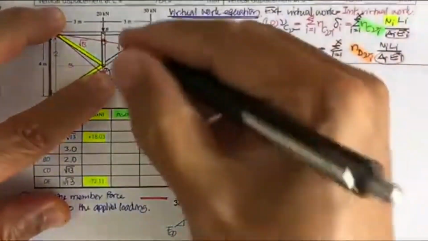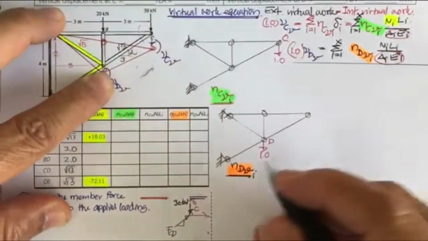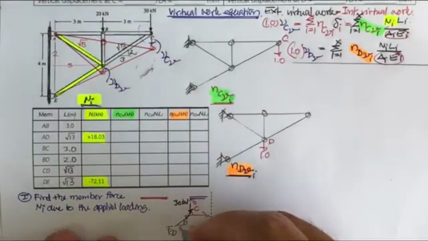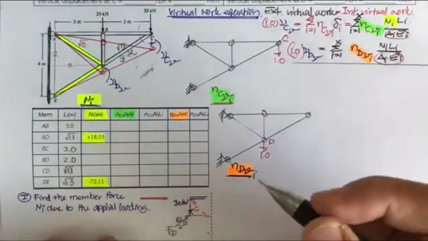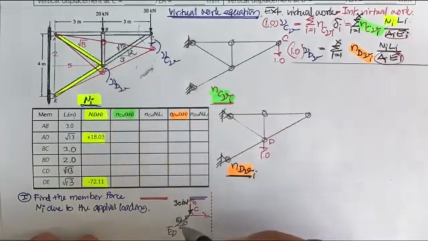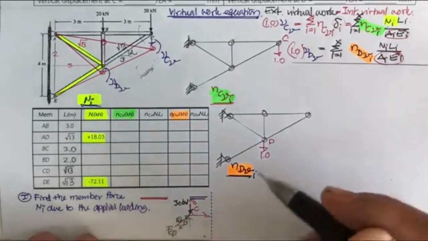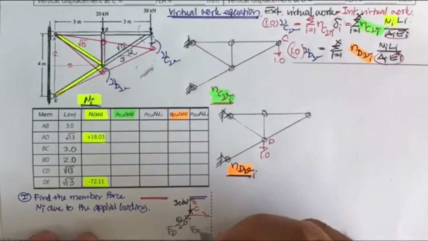Sorry, 3 is going to be here, this is 2. It's going to be 3, 2, square root 13. And also, if this one pushes up, it's going to balance this one, right? And it's going to be F sub CD.